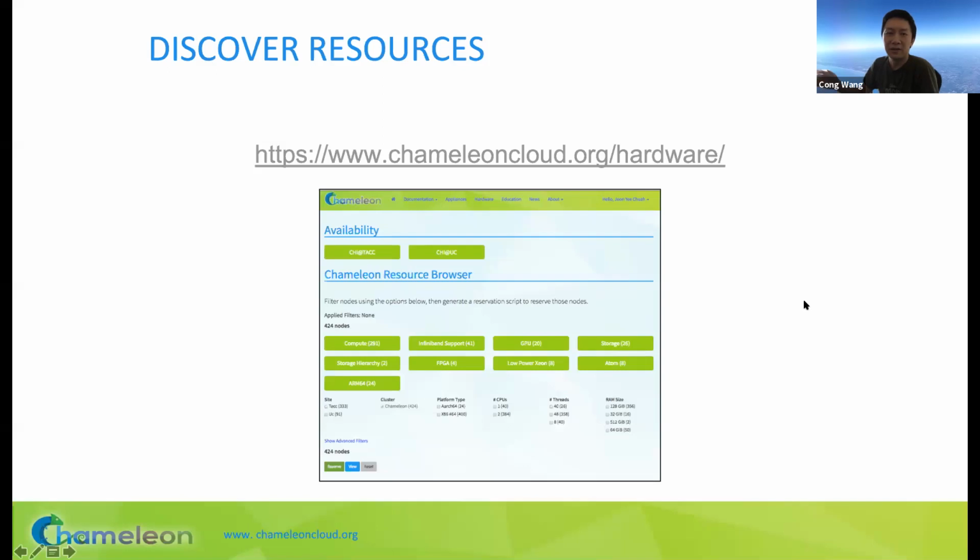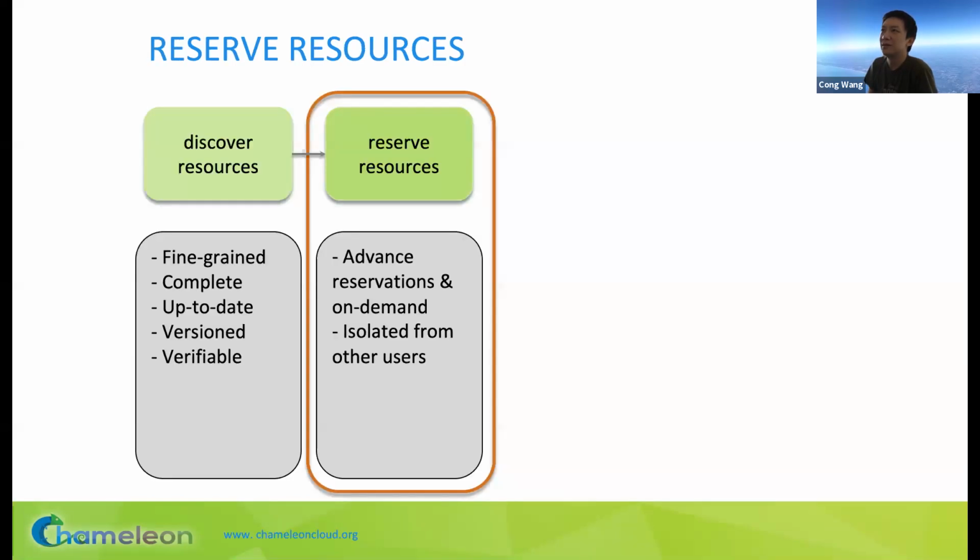So say I have chosen my compute node resources, what kind of nodes I want, then I can go ahead and reserve the resources. Chameleon provides two kinds of reservations. One is called the advanced reservation. That means I'm planning for my future experiment.